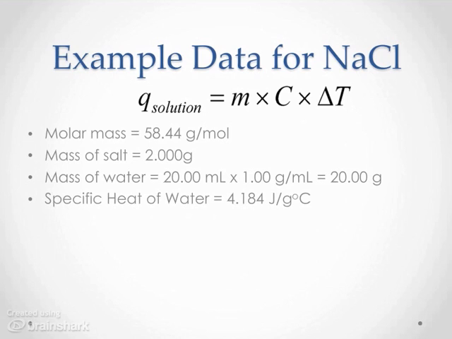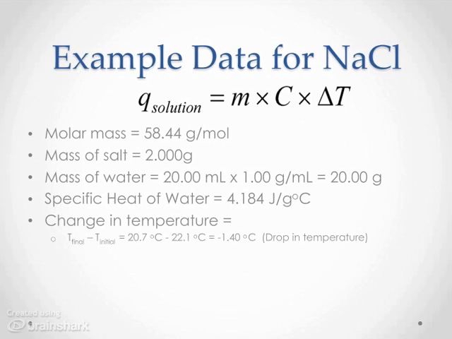Specific heat, the value C, is a known constant value. That's telling you how much energy it takes to heat 1 gram of water by 1 degree.